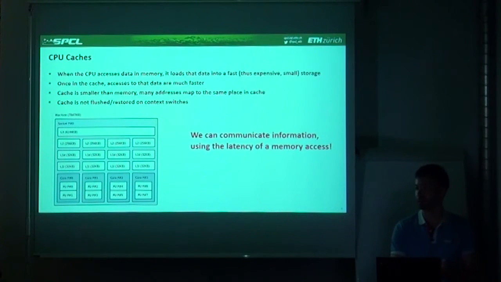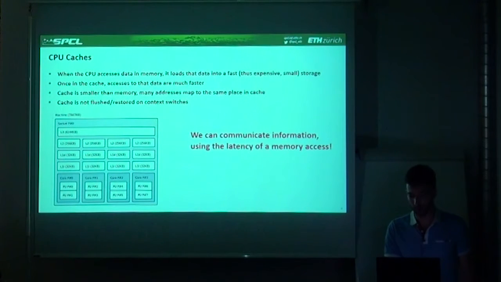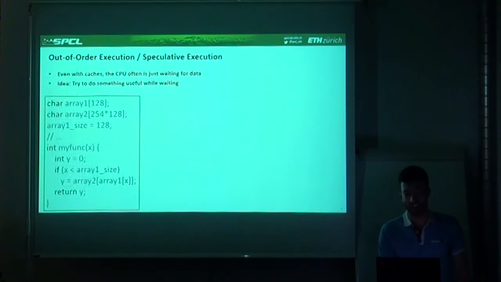If that data was not accessed before, this should be slow because the data is not in the cache. If the data was accessed before, this should be really fast. In this way, we have created a so-called side channel. We have no explicit communication between the 2 parts of the code. If you look at the code, there is no send or receive or write to a file, but still we can transmit information. So we can use that.